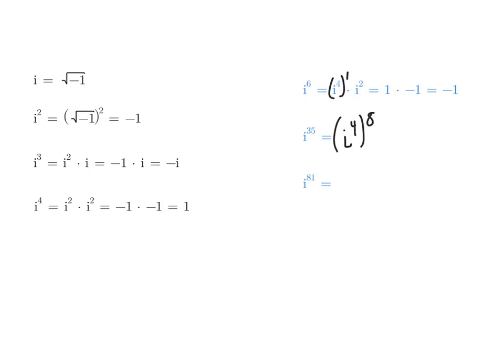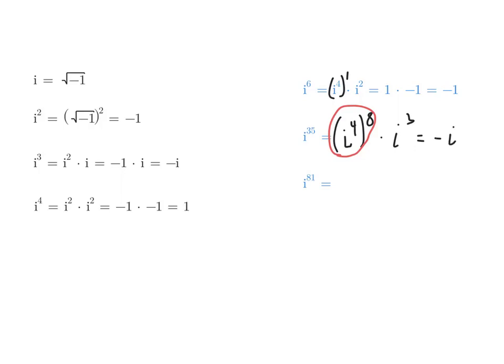Right? Times i to the, how many left over? You with me? Yes. Okay, so what does this equal? See, all of this right here, what's all of this? 1. What is i to the third? Negative i. Okay?